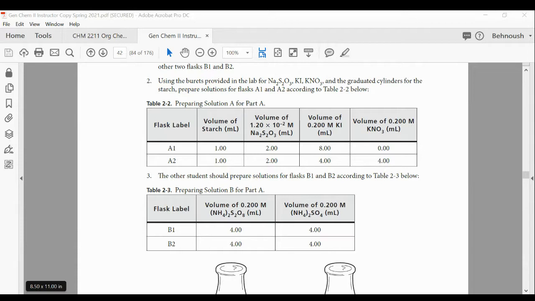So what is the V1 for S2O8? Do you all see that it is 4 milliliters before mixing? Is there anyone who cannot find the information, either the 0.2 or the 4 milliliters for V1?